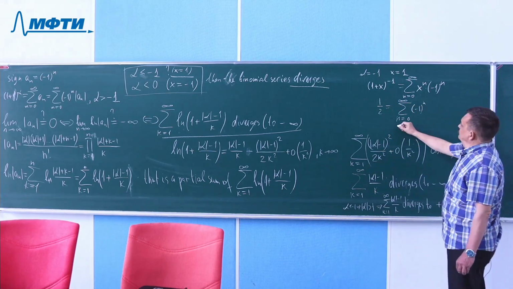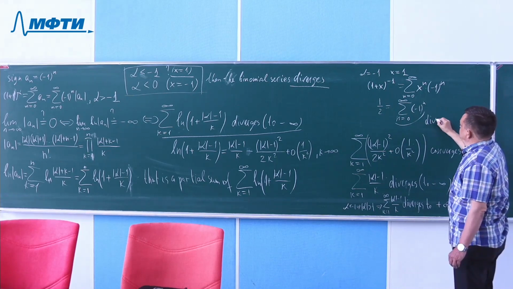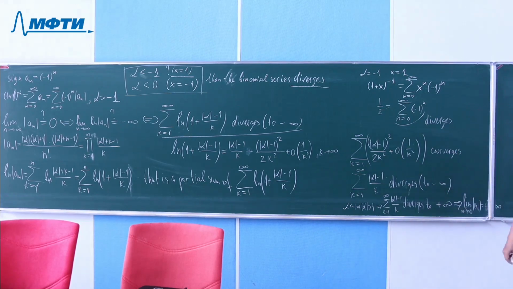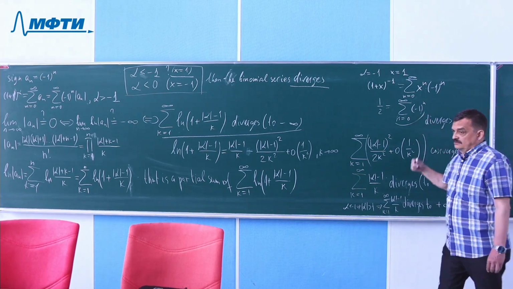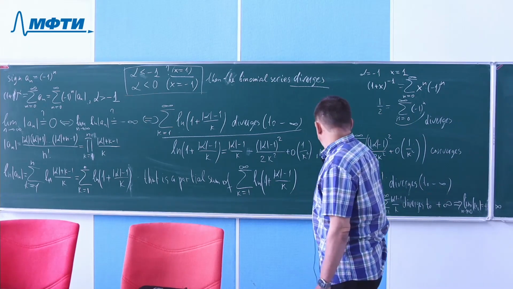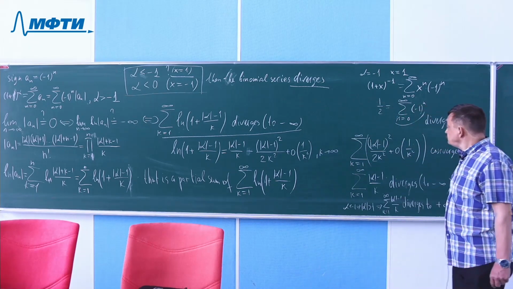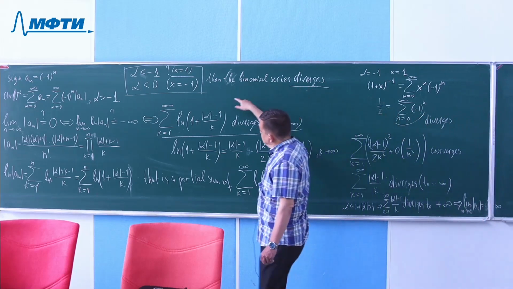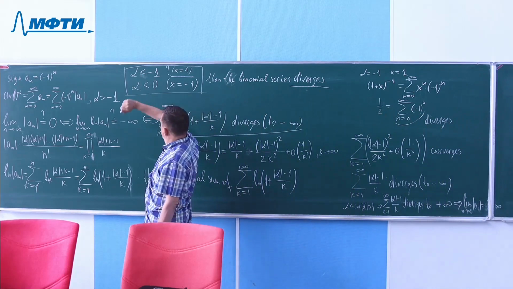And we know this series diverges, but for different reasons, namely now the limit of the term is not infinity, but it is not 0. So the claim is also valid for alpha equals to minus 1.